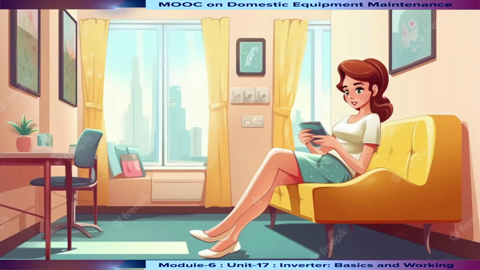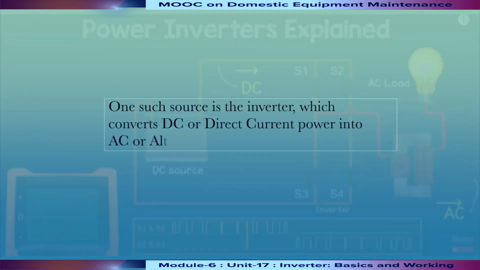With the advances in technology and lifestyle of people, the need for reliable and efficient power sources is felt. One such source is the inverter, which converts DC or direct current power into AC or alternating current power.